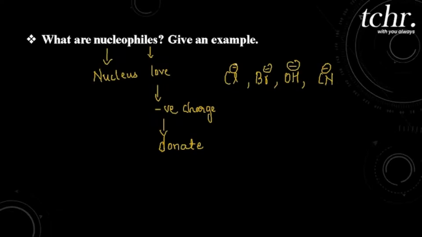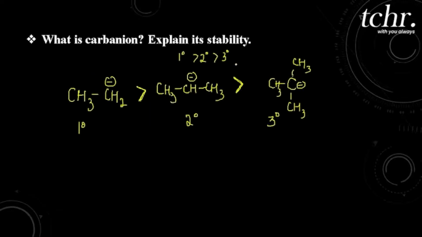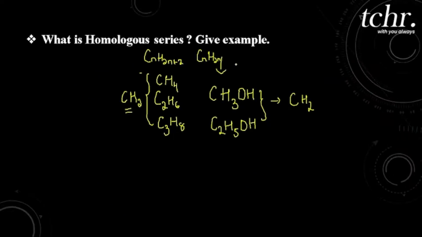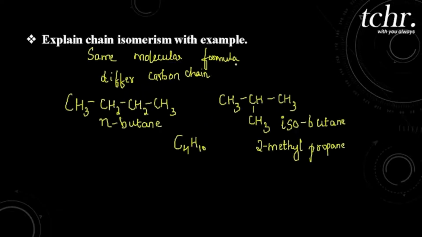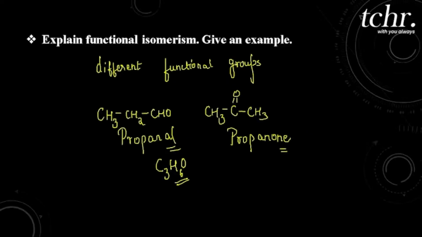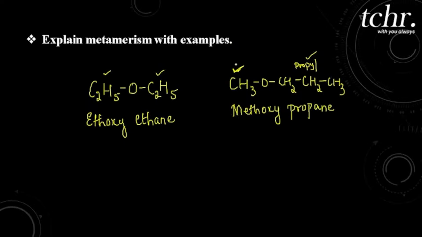So in today's session we discussed a lot of 2 marks questions that are asked from the chapter organic chemistry, some basic principles and techniques. What is homologous series, what is chain isomerism, what is position isomerism, what is functional isomerism, metamerism.